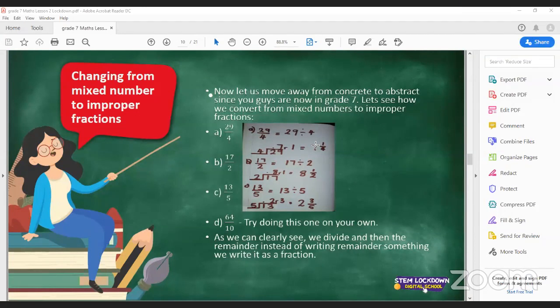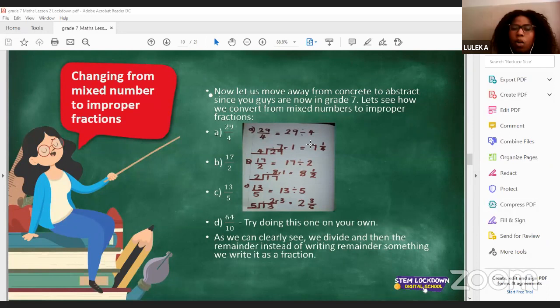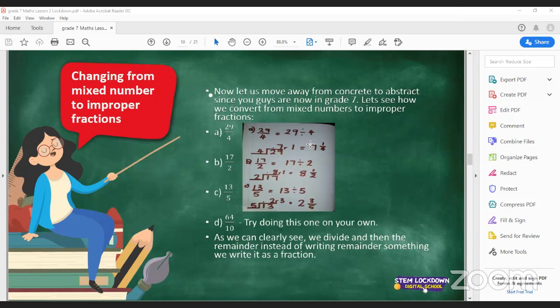If we were writing it as a diagram, because our denominator is 4, we have 29 over 4, and we're changing it to a mixed number. So I'm saying the answer would be 7 and 1 over 4. So how many 4s go into 29? 7.